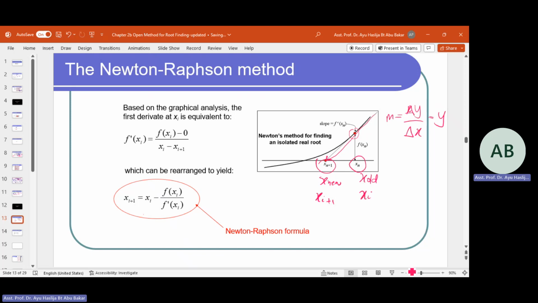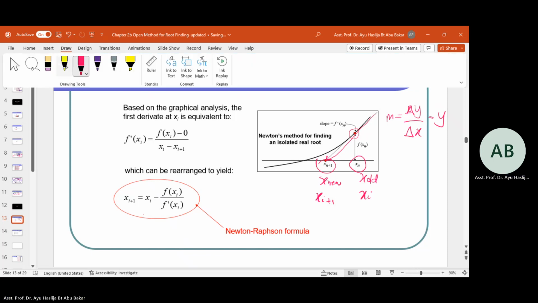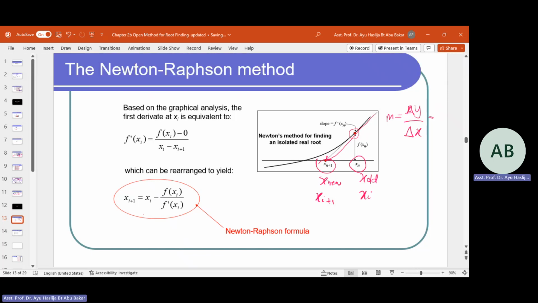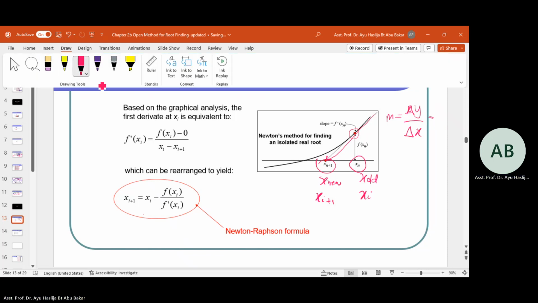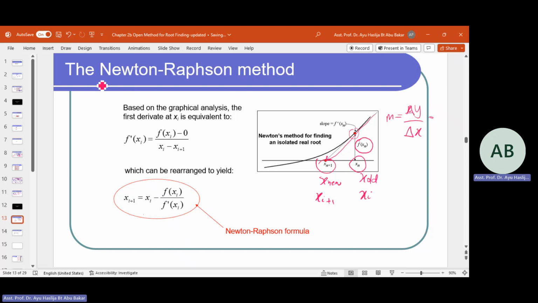Sorry, wait. I use the same term. I don't want you to get confused. Okay, here it used the term f(xn). f(xn) here means the y value for this, the y value.